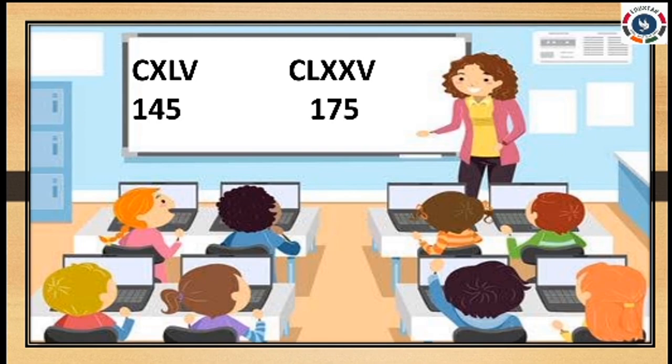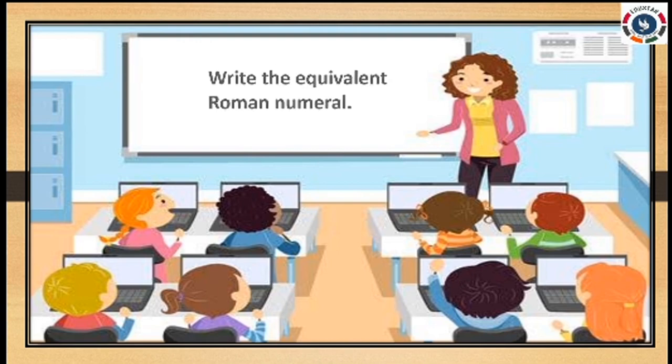So write the value below the Roman numerals. On right side, how much we have? C for 100. So 100, LXX means 70, then V is equal to 5. So 175. Now we tell which is the greatest one? As 175. Good.